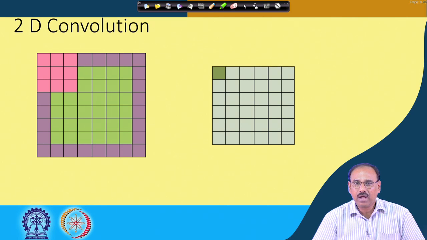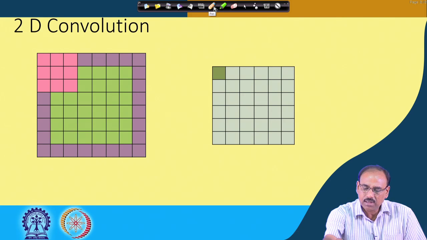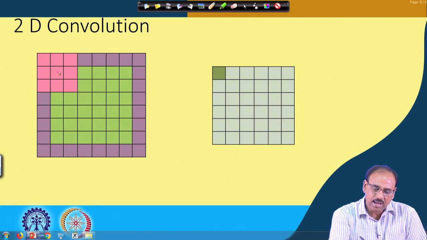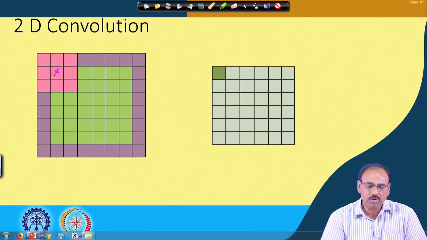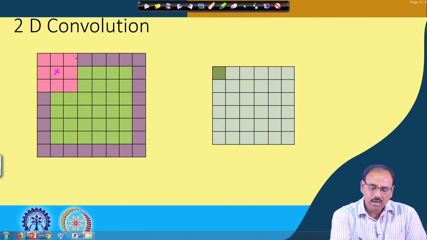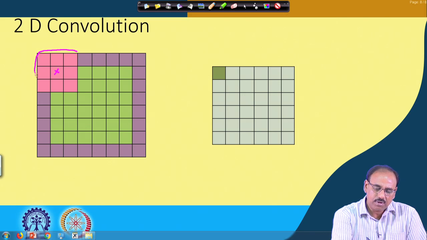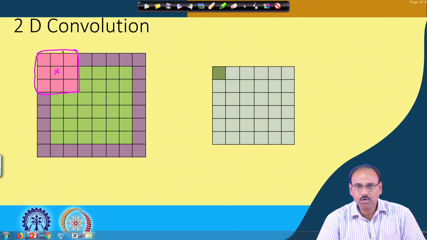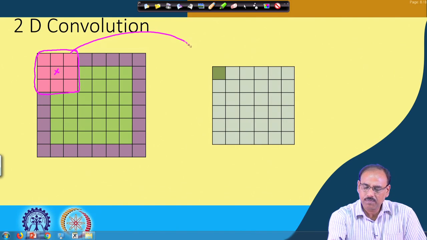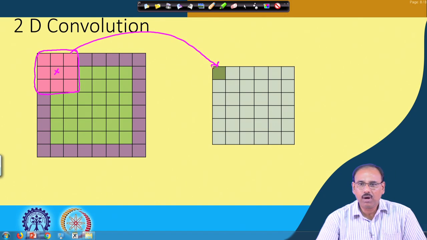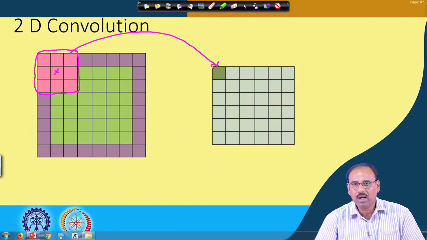That gives you the output response, y 0, 0, at location 0, 0 in the output image, which we are calling the feature map.